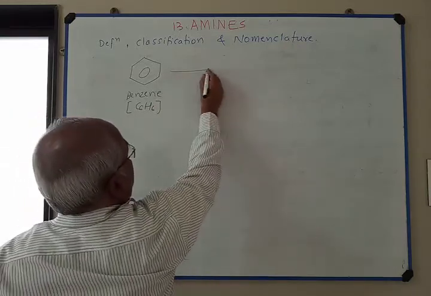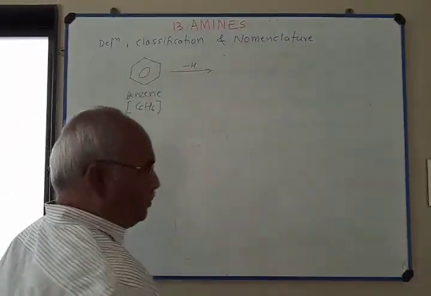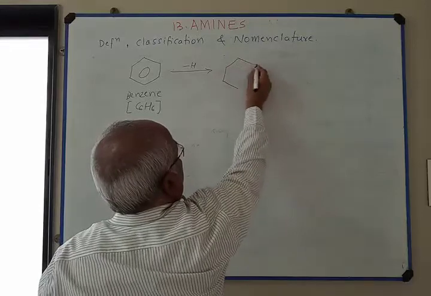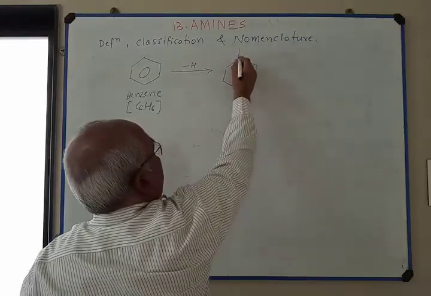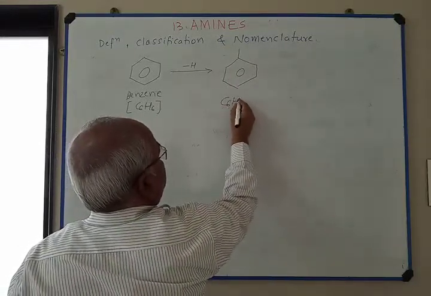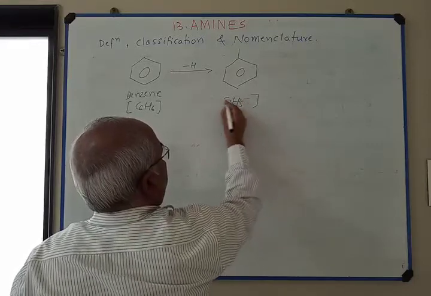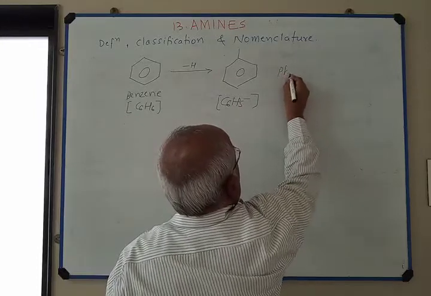Remove one hydrogen from this benzene. We get this group. Hydrogen is removed from this carbon. So the formula becomes C6H5. This group is called phenyl group.